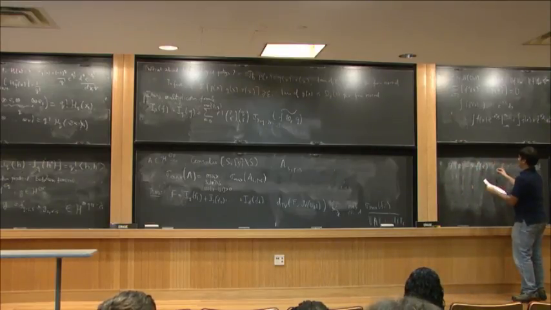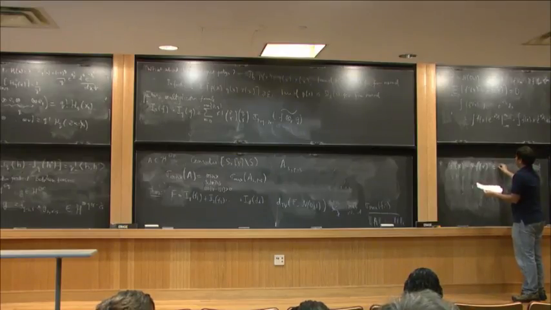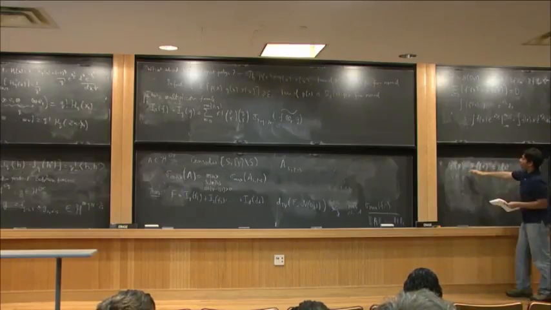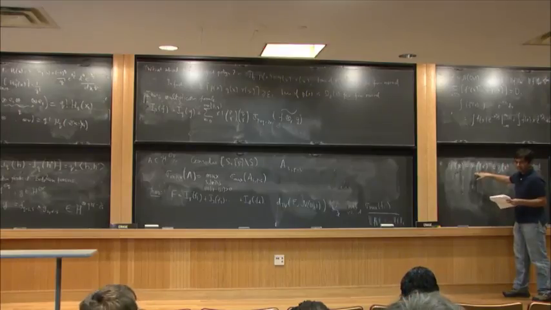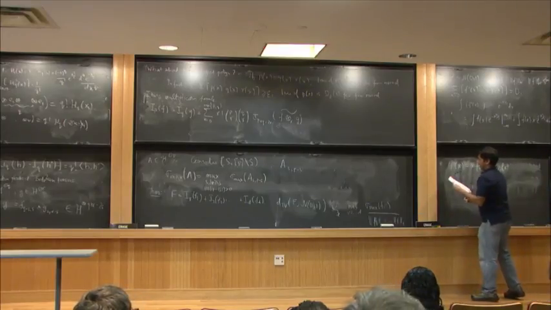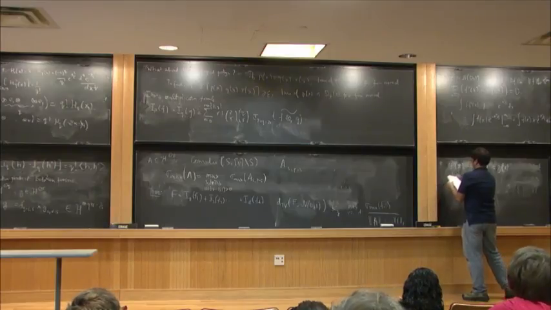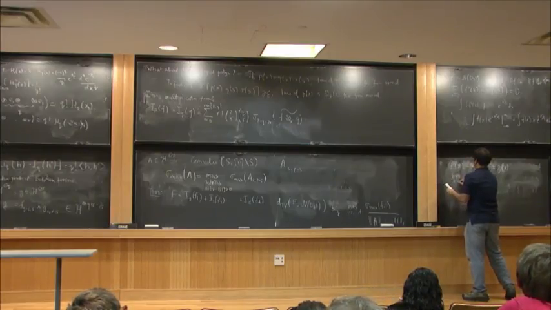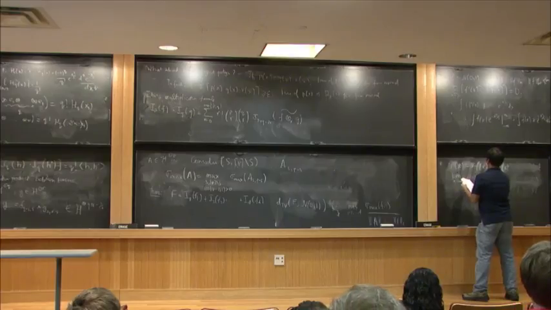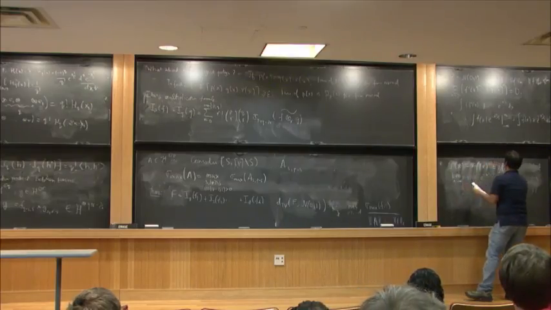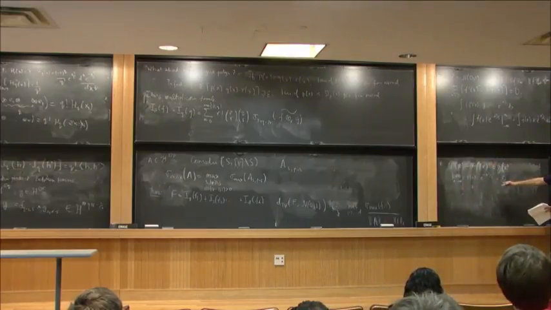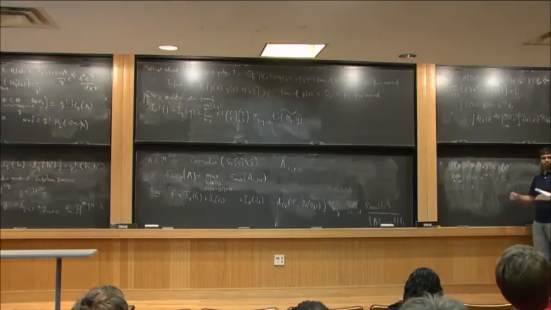Let me have a function g of x, and I want to solve the differential equation f prime of x minus x f of x equals g of x. And I also want the property that the limit as x tends to infinity and minus infinity of f of x times e to the minus x squared over 2 equals 0.